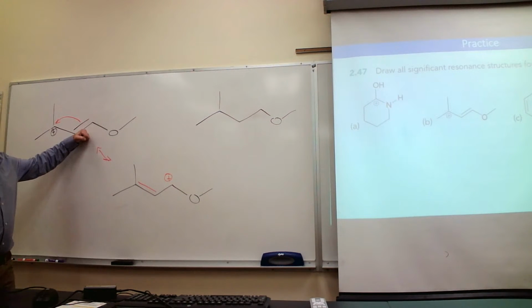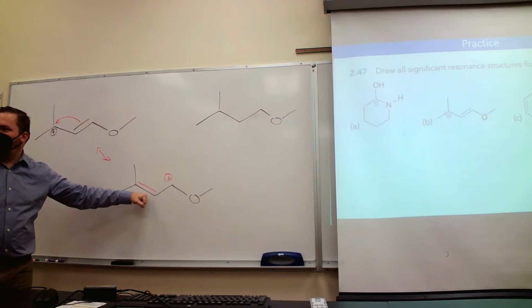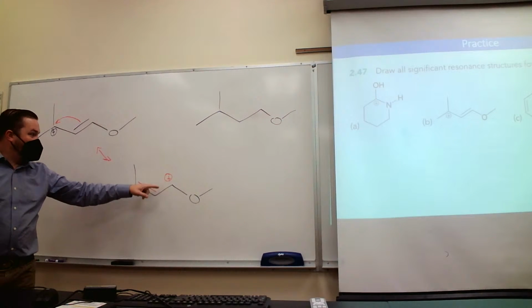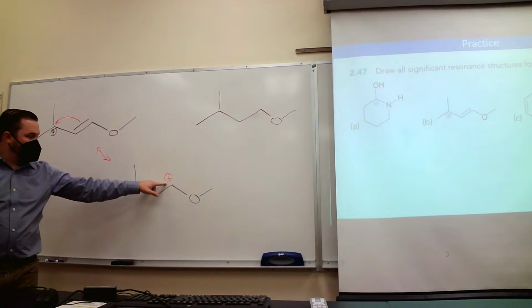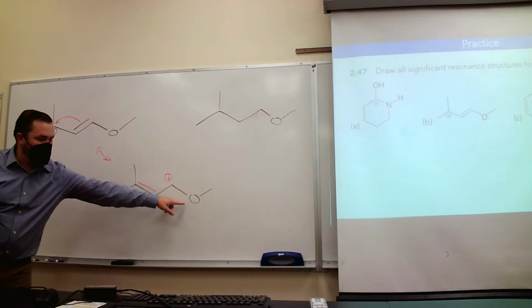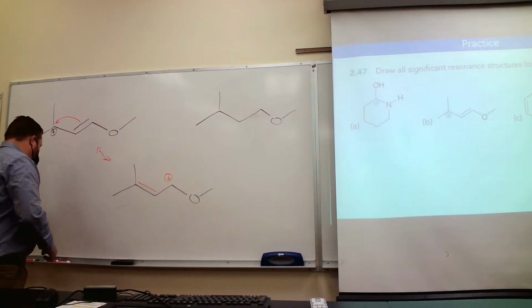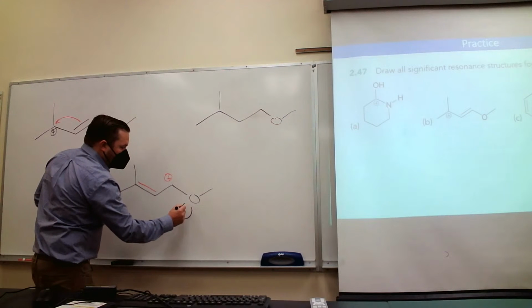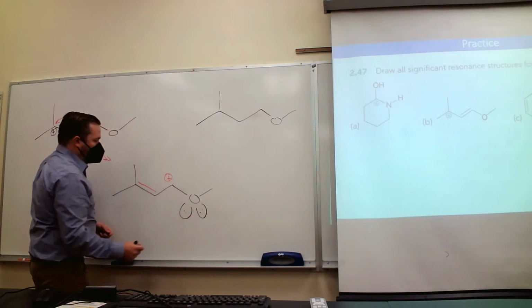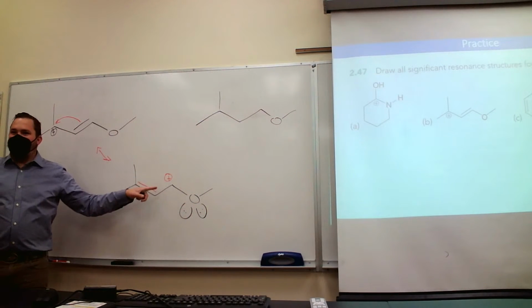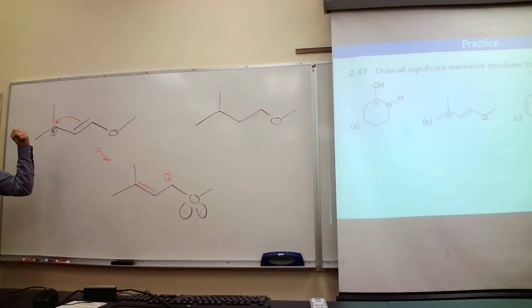Yeah, instead of starting from here, we can start from this one. Now we've got a positive charge next to a pi bond and also next to lone pairs. Well, if we take the electrons from the pi bond and move them back over there, we're just going backwards, right?